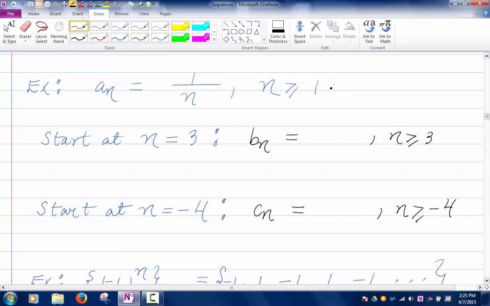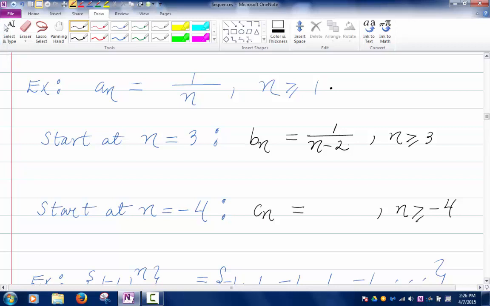Subtract. Your given index is 1, but you want to start at 3. That means you want to go forward by 2 places. In that case, you replace n by n minus 2. So you go 1 over n minus 2. And if you look at the sequence an and bn, they are exactly the same sequence.